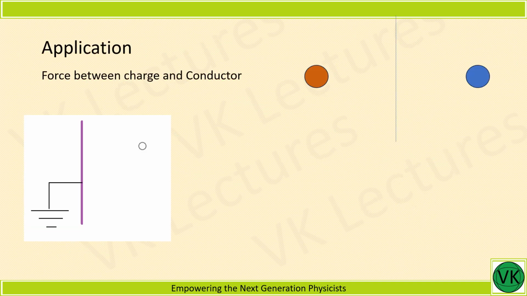Here is one application of method of images. We are going to solve one application, that is to find the force between charge and the conductor. Now assume that we have a charge q here, and this is the conductor which is being grounded.